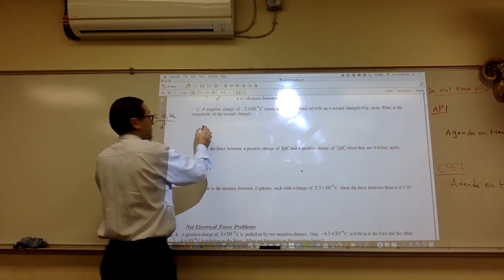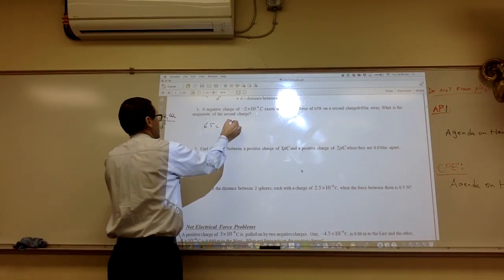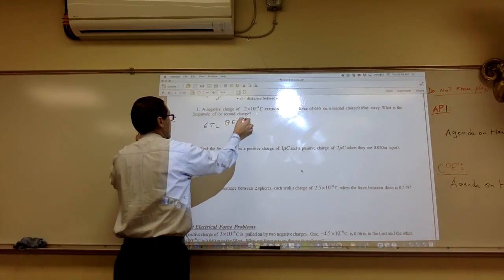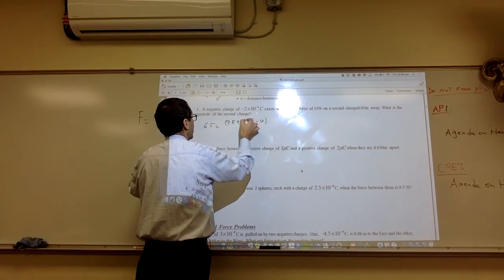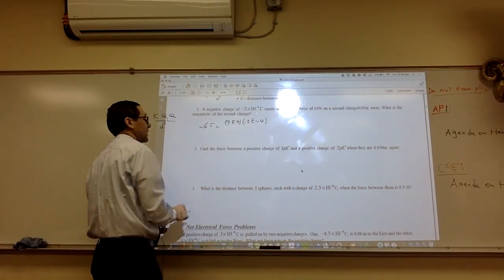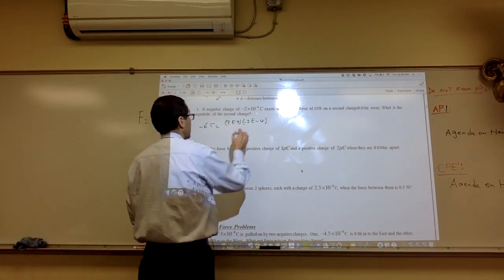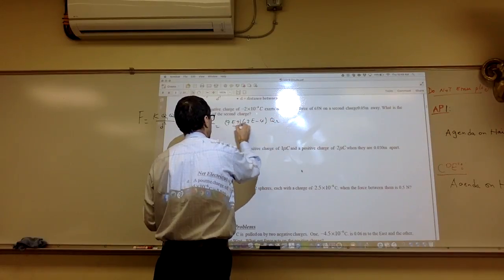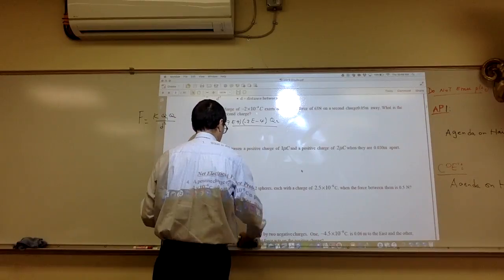So really you just have to use this formula, and you say 65 is 9 times 10 to the 9th power times 2 e to the -4, or if you want to put -2 here, you have to put a negative for the force because it's an attractive force, times Q2 over d squared, which is 0.05 squared.